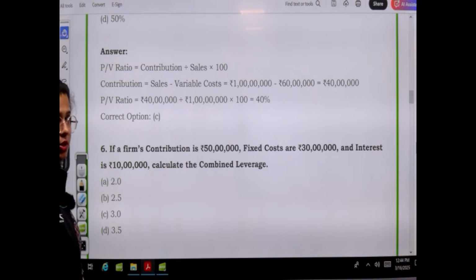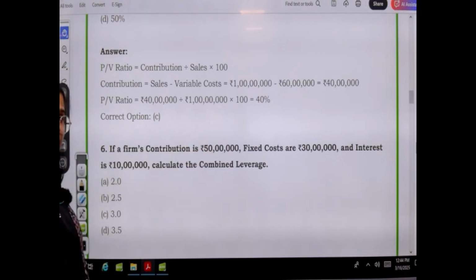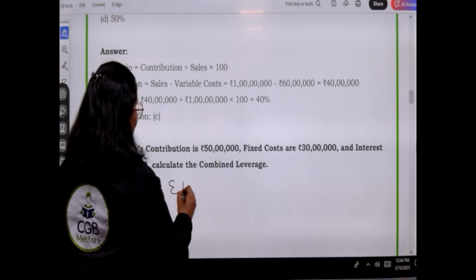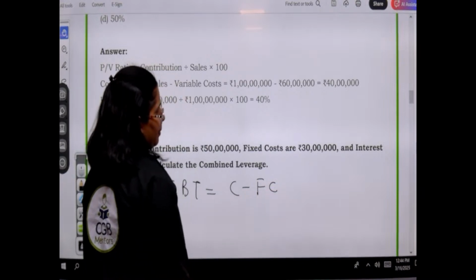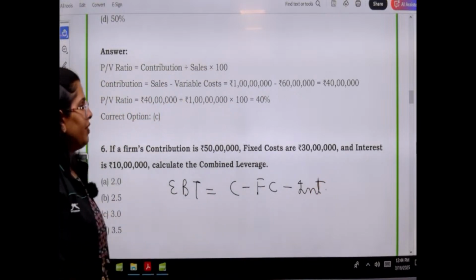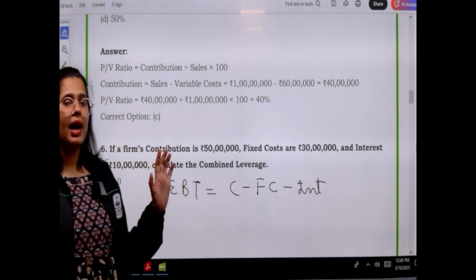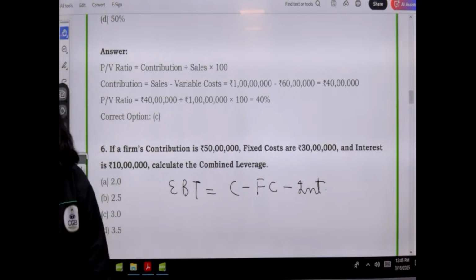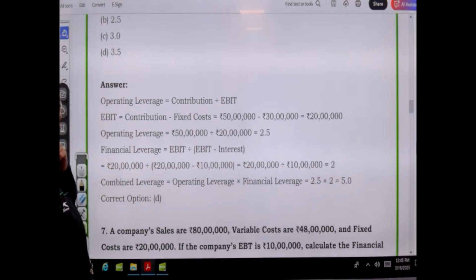What do I need? Contribution upon EBT. Do I have contribution? Yes, 50 lakhs. Do I have EBT? No. How shall I calculate EBT? To get to EBT, contribution less fixed cost gives me my EBIT, less interest gives me my EBT. So 50 lakhs less 30 lakhs less 10 lakhs. What EBT have I got? 10 lakhs. That would be my answer here.